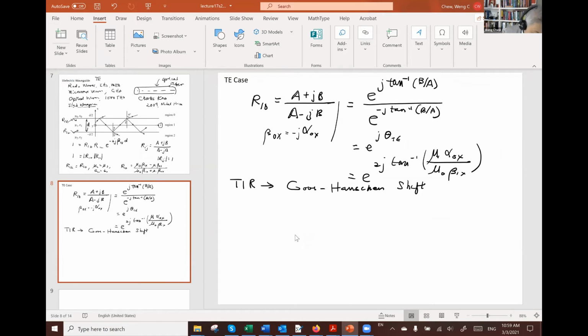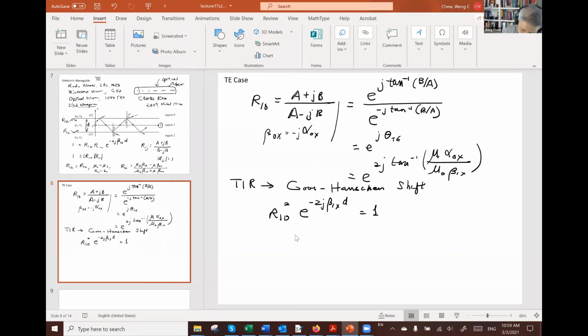Okay, so how do we solve this problem? In order for guidance to occur, we say that R10 squared times e to the minus 2j beta 1x d must be equal to 1. Okay, that is the transverse resonance condition.